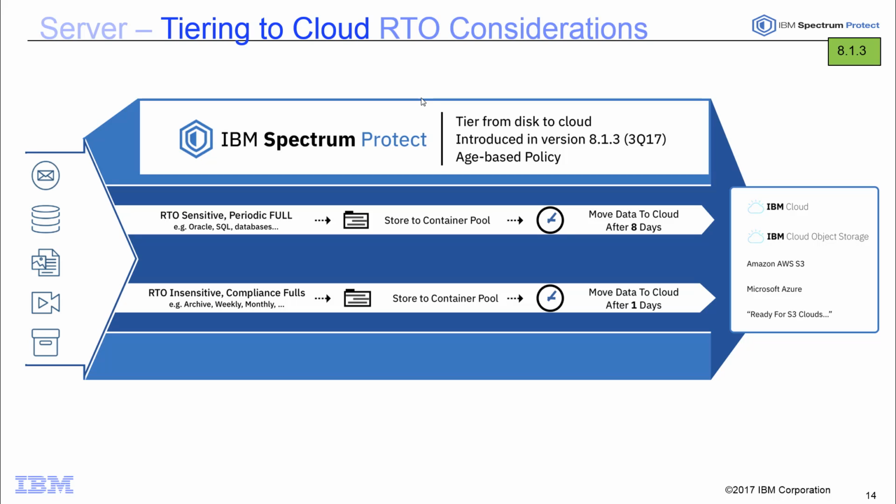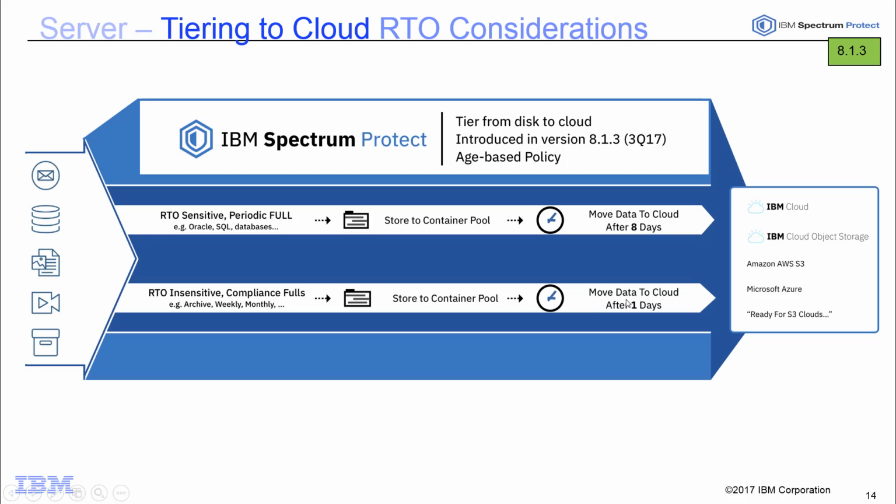It's possible that for any data where recovery time objective is very sensitive, for instance an Oracle or SQL database backup, you might want to make it only move to the cloud after 8 days. Versus recovery time insensitive compliance files, for instance archives or weekly fulls or monthly fulls, that you would want to move almost immediately out to the cloud, because the chances of us needing to restore that are probably very low.